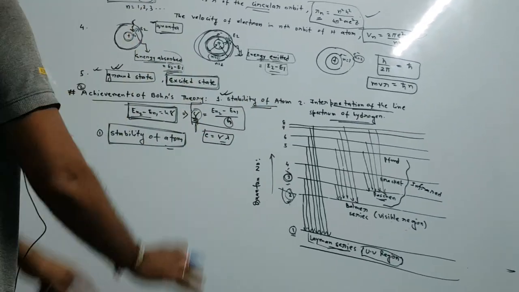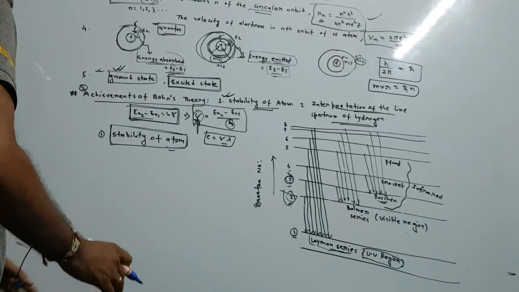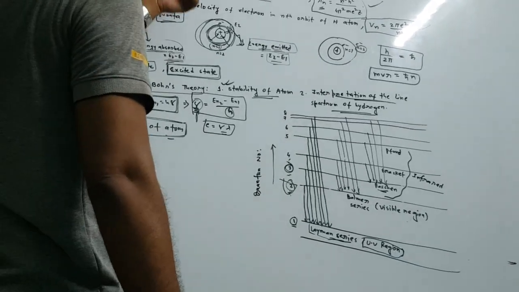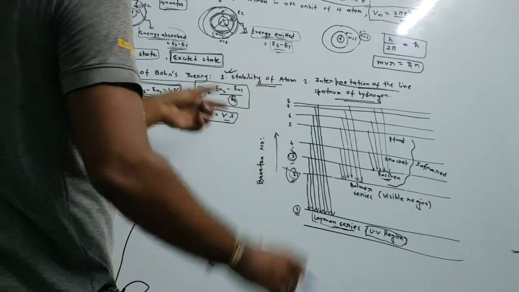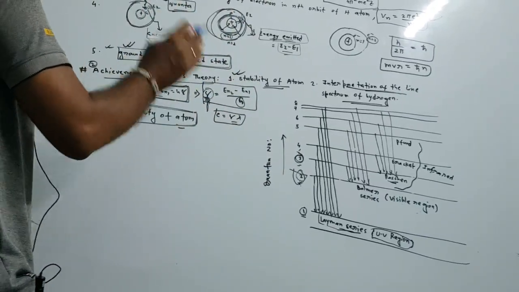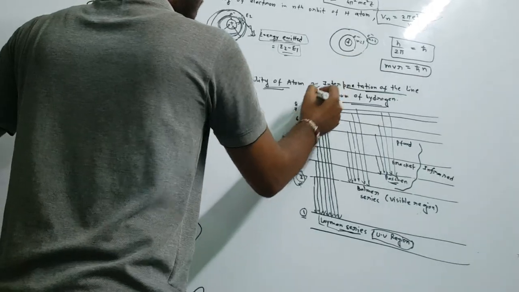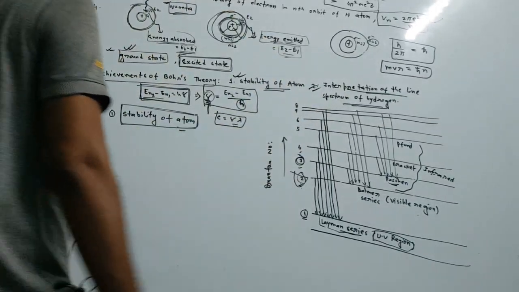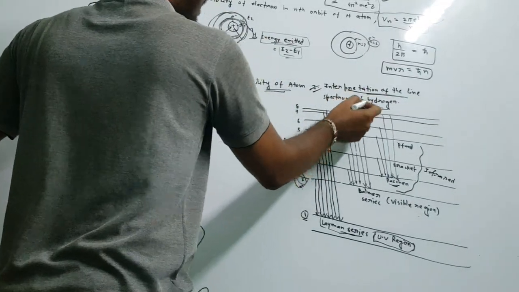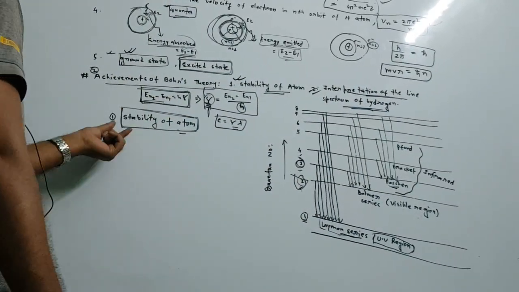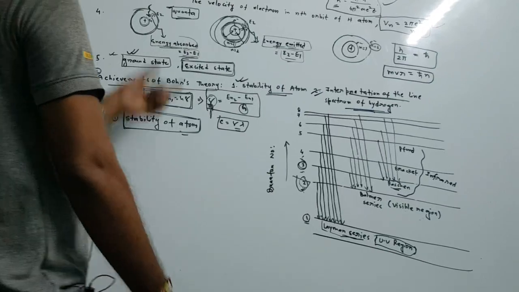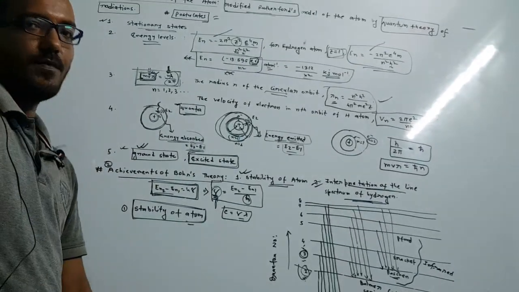He completely described the stability of the atom: it cannot have infinite energy; for a particular orbit, it has specific energy at a particular level. And second, he described the interpretation of the spectrum of hydrogen by his quantum theory. So that's all about Bohr's model of the atom.